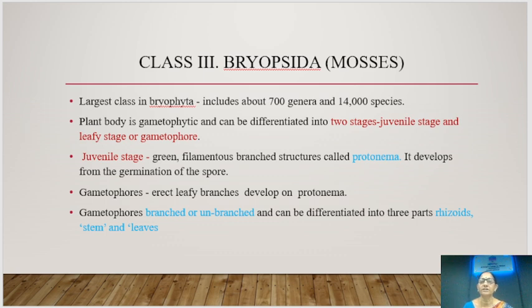Stage 1 is known as the juvenile stage, which is a green filamentous branched structure called the protonema and develops from the germination of the spore, and stage 2 is known as the leafy stage, or the gametophore. This gametophore, which has erect leafy branches, or may be unbranched, consists of the rhizoids, stem and the leaves, which develop on the protonema.